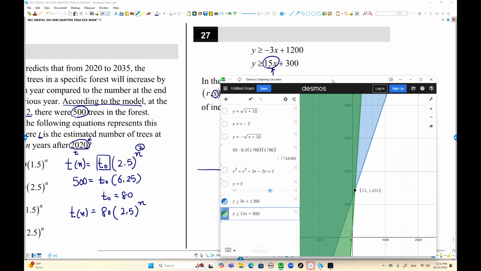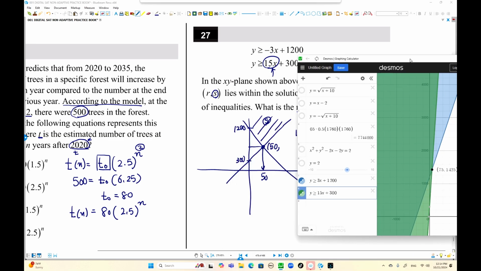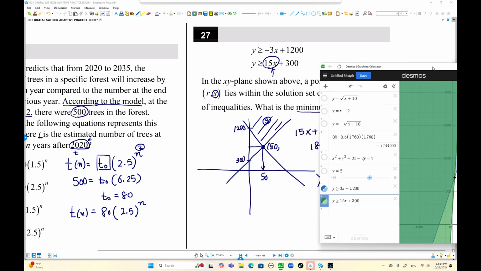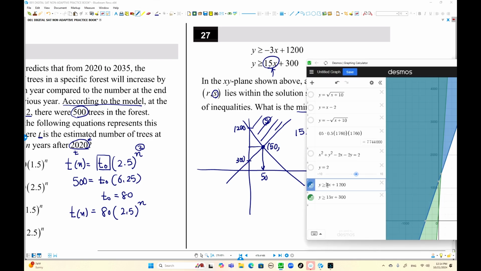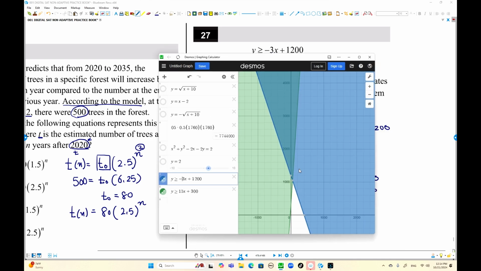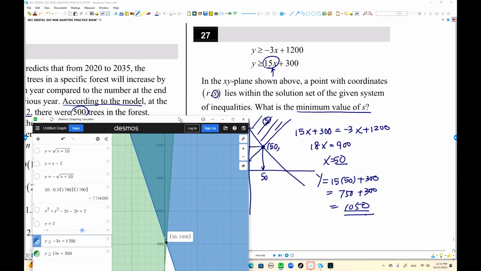Let me check. This is negative 3x, I forgot. Yeah, that's the solution there, not this one. This point. So when x equals 50, y equals 1050. That's true. So the answer is 1050.